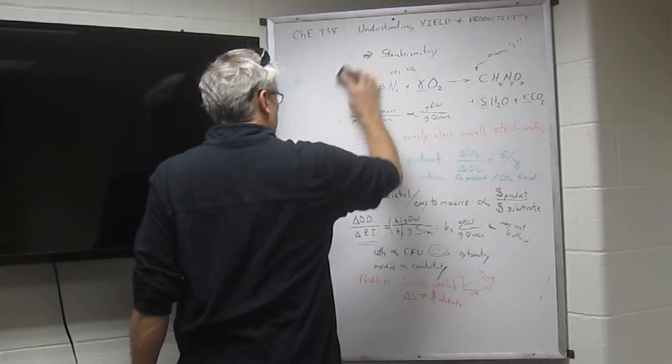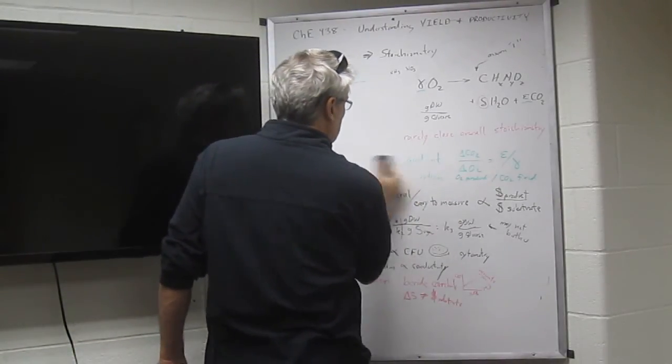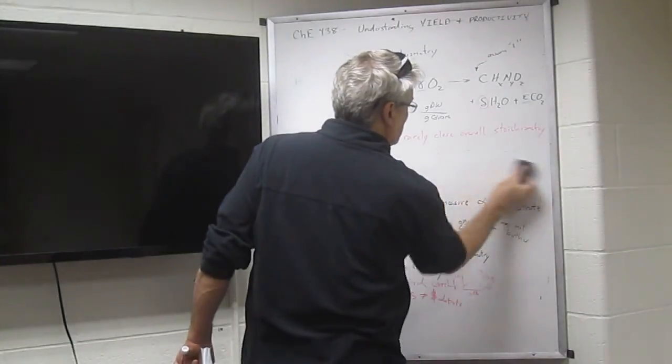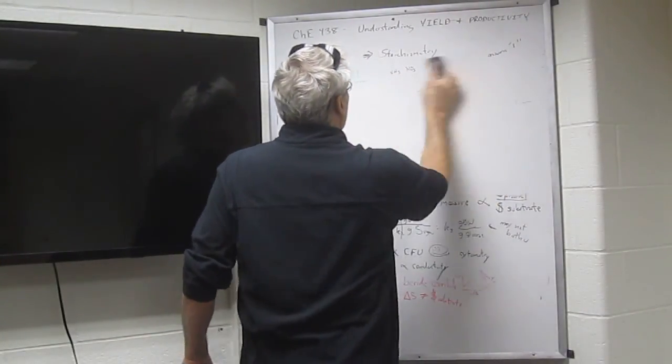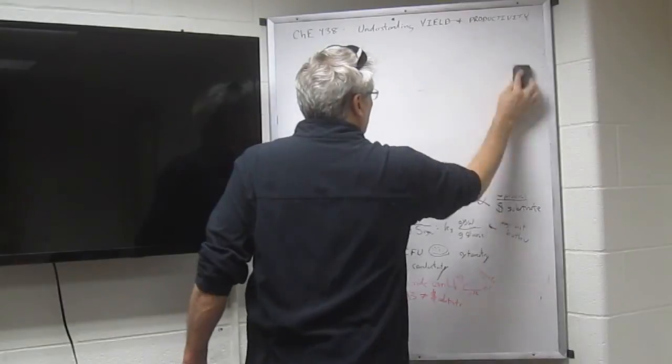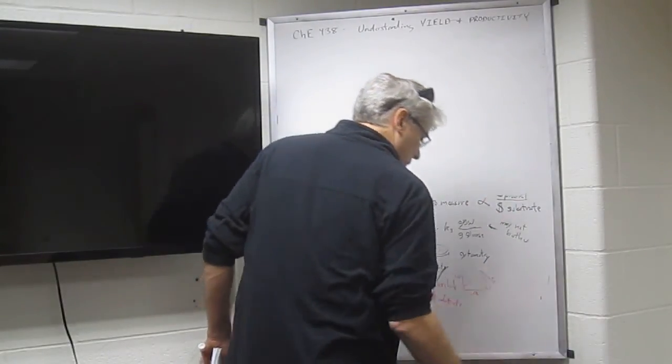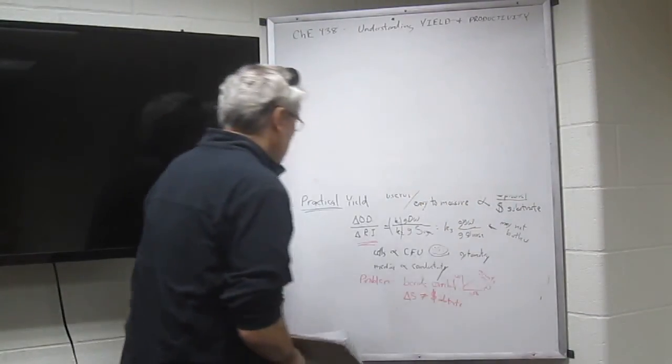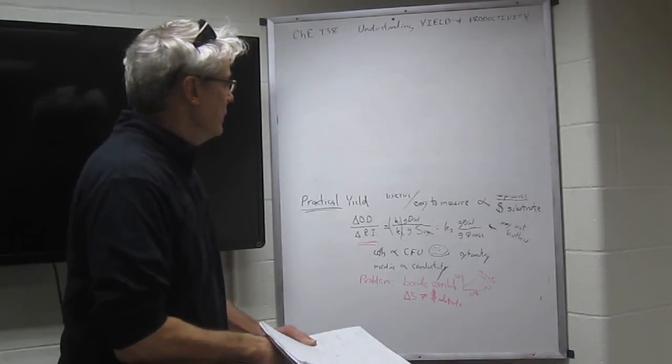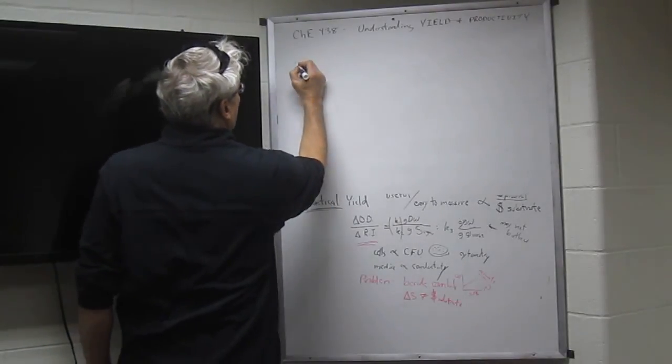I'm going to erase this. And introduce yet another definition, if you will, of a type of yield, and that would be metabolic yield.